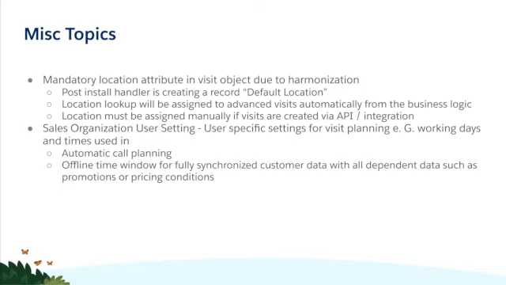So the prerequisite for using the visits in the advanced model is to set up a default location, one record with the name default location, and this is part of the setup. You will see this default location record automatically when you have executed your setup. And then the new business logic will automatically use the default location record as a reference for all visits.